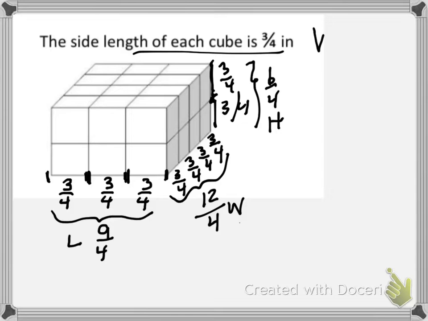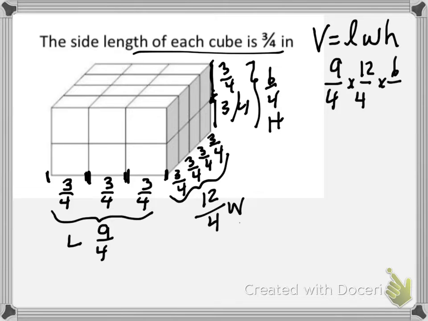We'll substitute those numbers into our length, width, and height. So the length is 9/4, the width is 12/4, and the height is 6/4. You can cross-reduce here if you like, or type it directly into your calculator and then simplify in the end. I'm going to type it into my calculator.